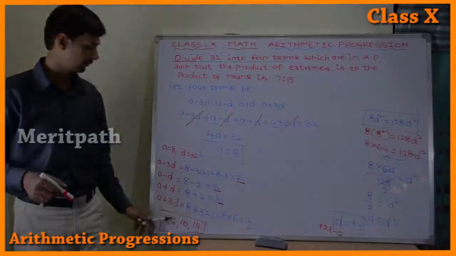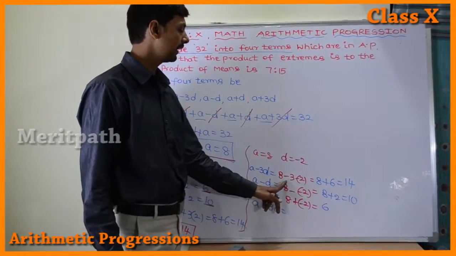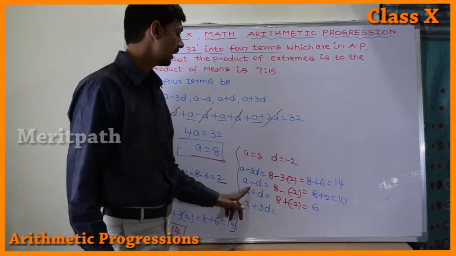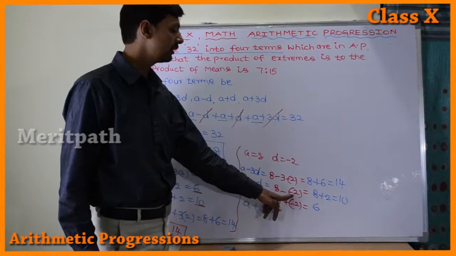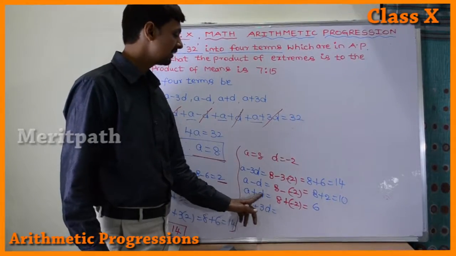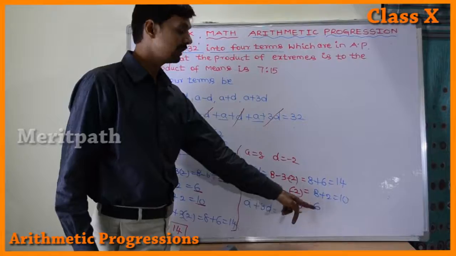Now for d is minus 2: a minus 3d is equal to 8 minus 3 into minus 2. It becomes 8 plus 6, which is 14. And a minus d is 8 minus of minus 2, it is 8 plus 2 is 10. And a plus d is nothing but 8 plus minus 2, that is 6.